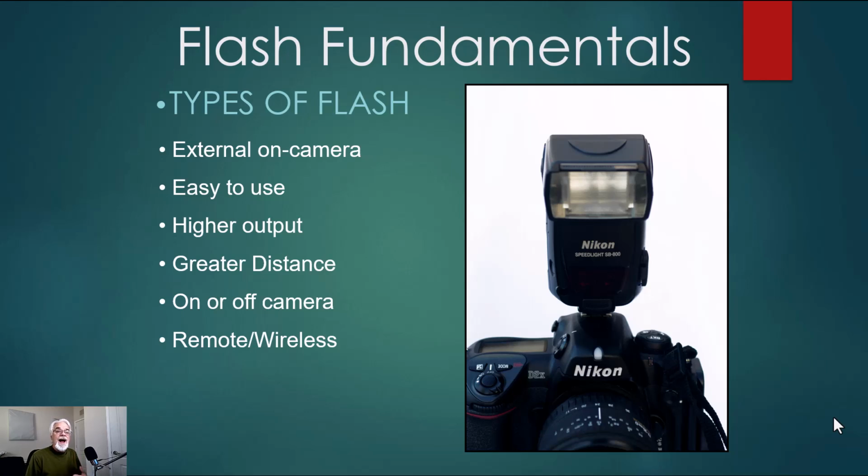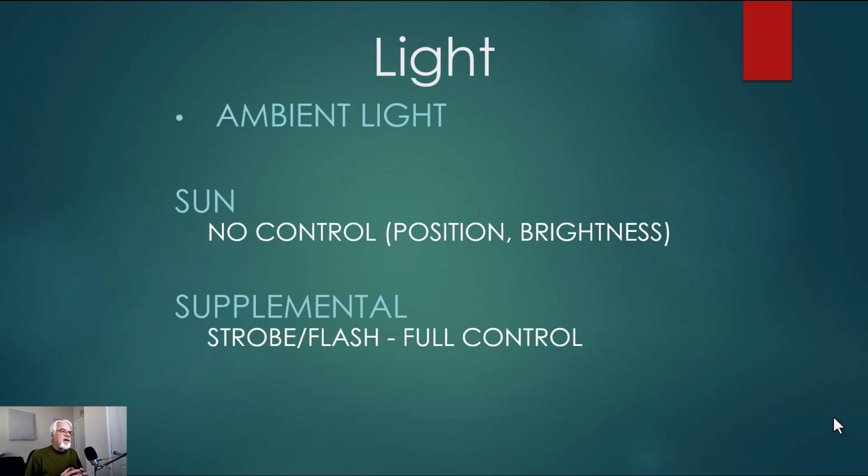They're higher output, for example, meaning it can send light to a greater distance. And you can also take it off the camera, which you can't do on that pop-up flash. You can take it off the camera, move it anywhere you want, use remote triggers in a wireless flash setup, and that's really fun.